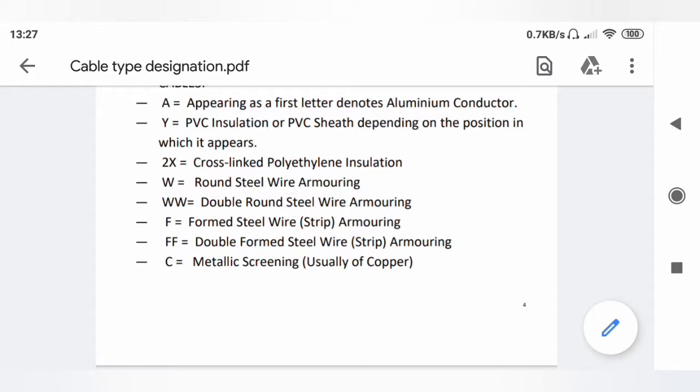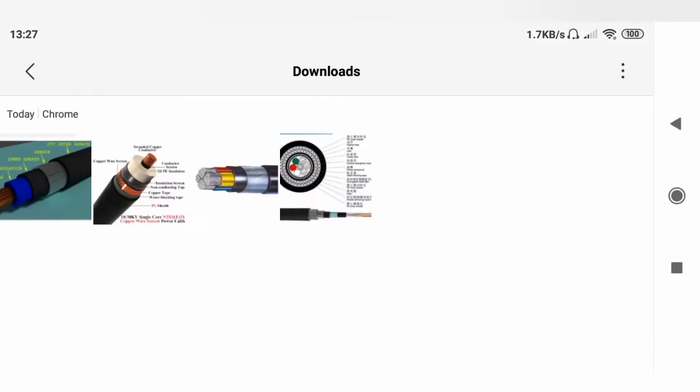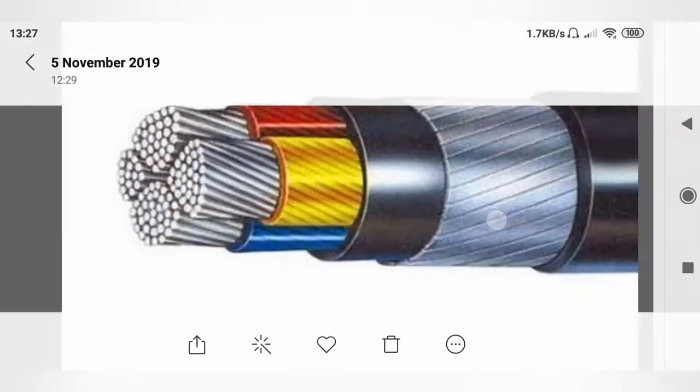Then letter F indicates formed steel wire armoring. So it is a flat strip armoring. Similar to double round steel wire armoring, there can be two flat strips of steel. Then the code is double F, and this flat armoring looks like this.